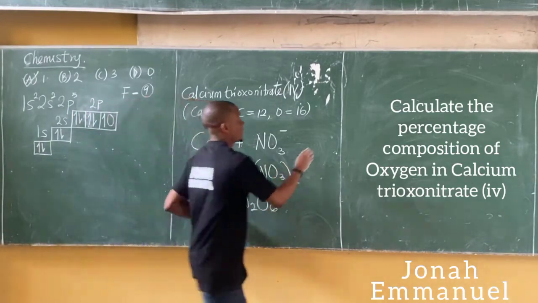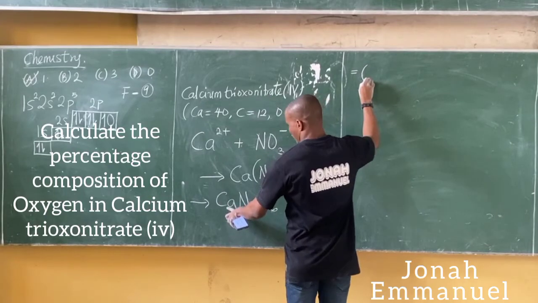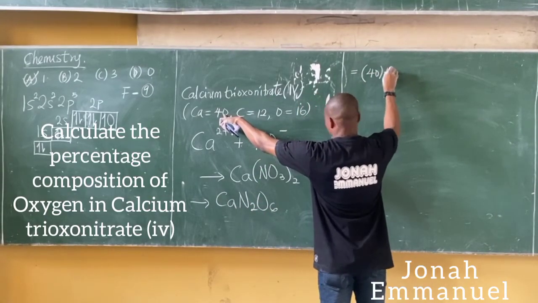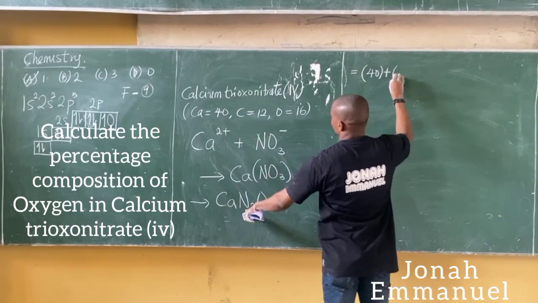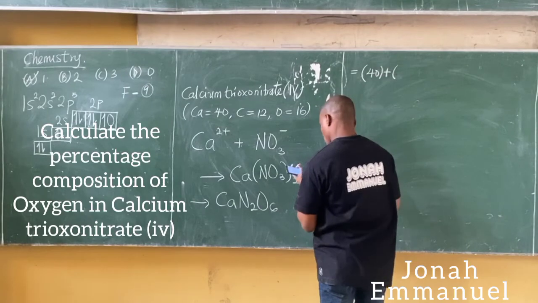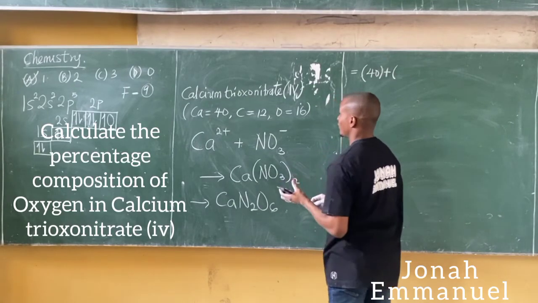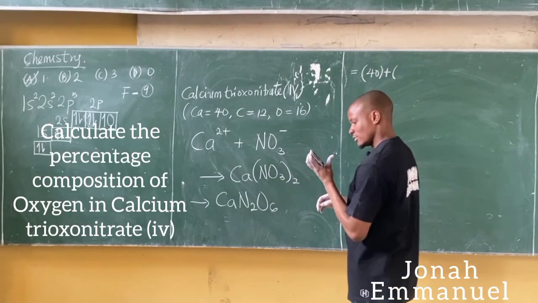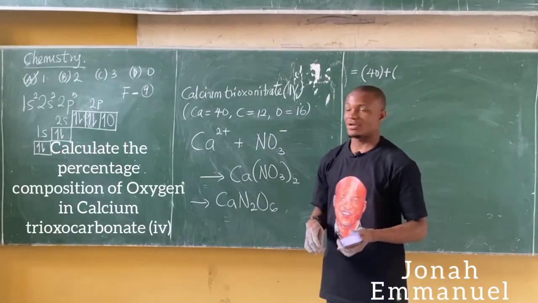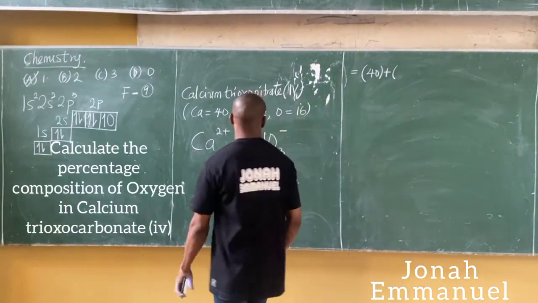Molar mass of this compound is equal to calcium, atomic number 40, plus nitrogen. Was it given? No. Oh, I think it's actually trioxocarbonate IV, please. Trioxocarbonate, sorry, not nitrate.